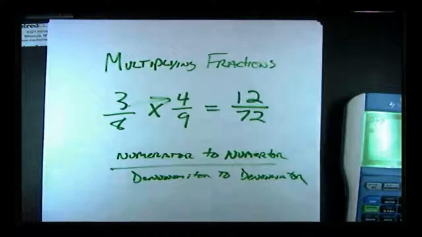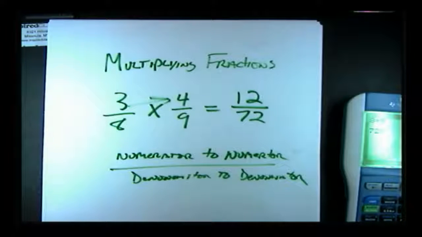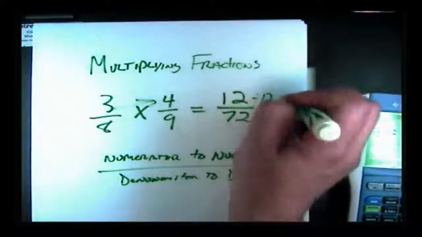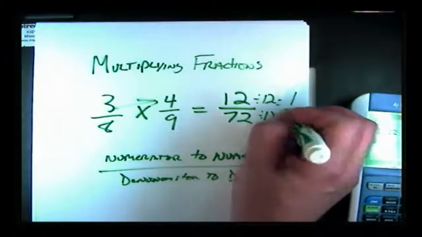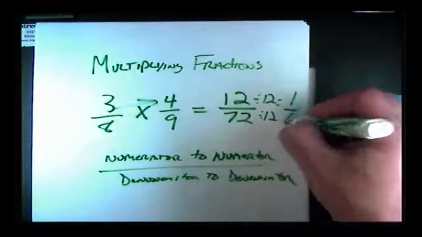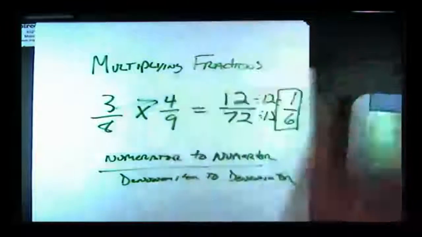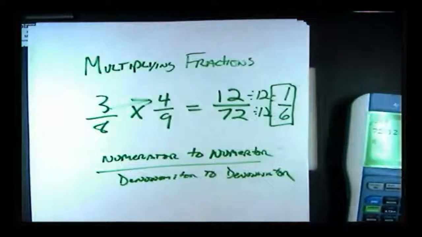I think 72 and 12 are common. 12 goes into 72, so if I divide this by 12, I get 1. And if I divide the bottom by the same 12, I get 6. So 3/8 times 4/9 is 12/72, which simplifies to 1/6.